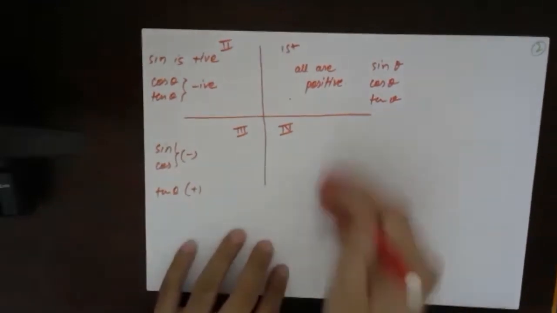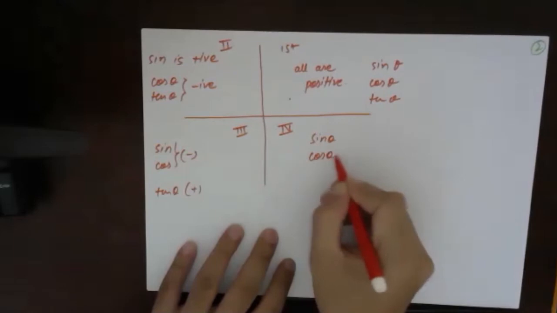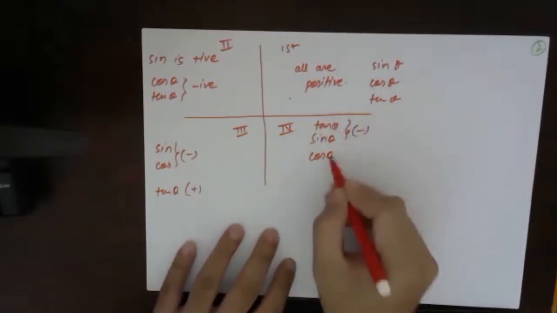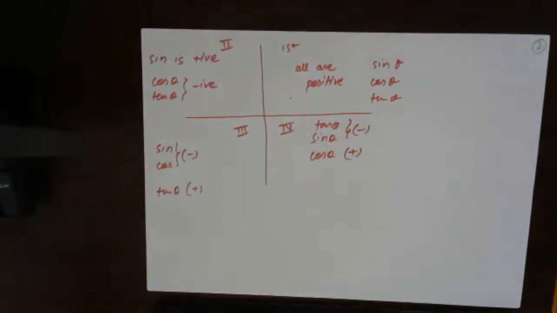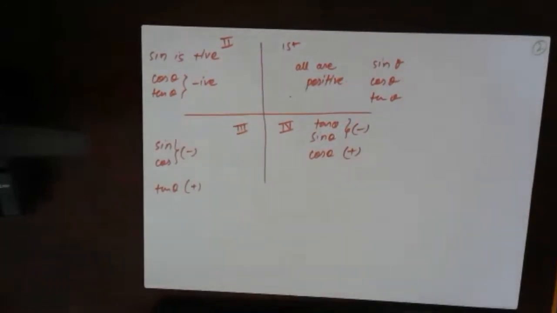In the last one, sine theta and tan theta both will be negative, and cos of theta will be the only thing positive.